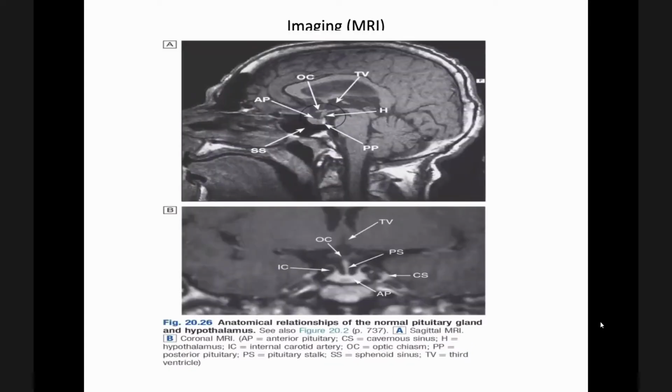So in this picture you can see the pituitary gland. So this part is the pituitary gland. This is an MRI showing the pituitary gland.